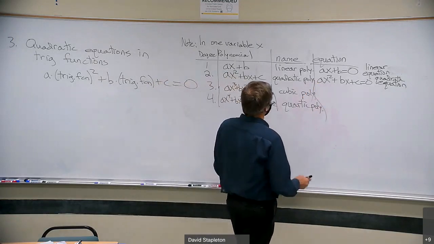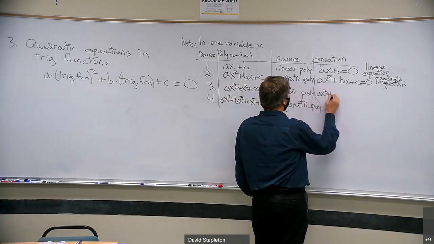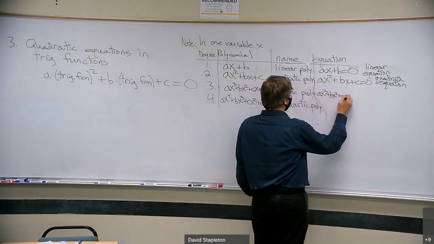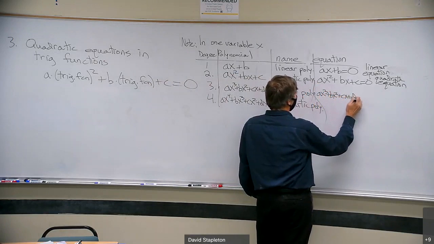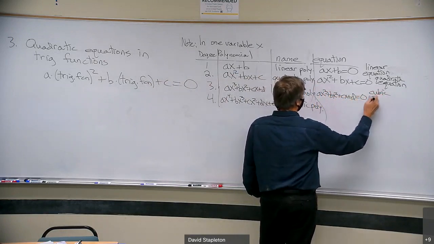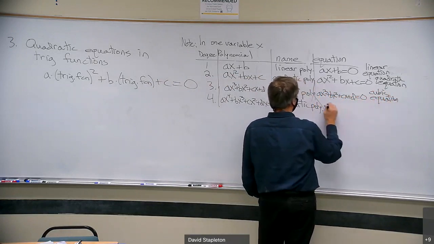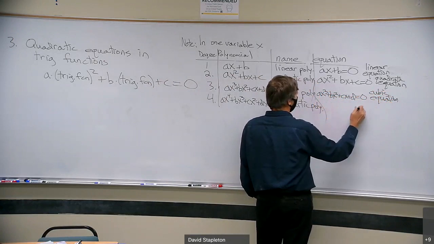And if you put these equals 0, you call it a cubic equation, right? Ax cubed plus bx squared plus cx plus d equals 0 is a cubic equation. So all these terms follow rather naturally. This one equals 0, you have a quartic equation.